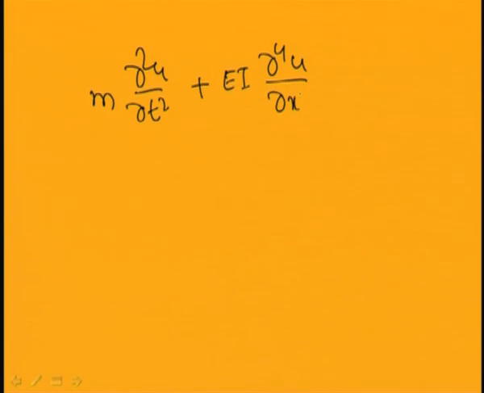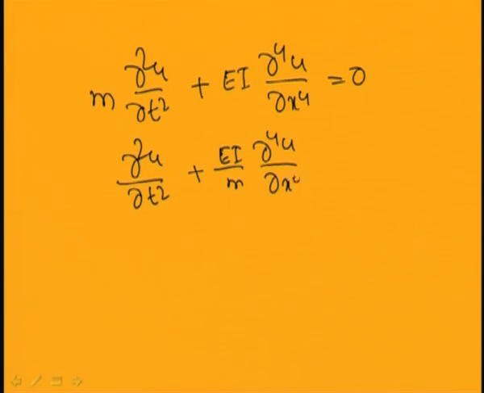So, I can write m del square u by del t square plus EI del fourth u by del x fourth equal to 0. This expression can be written in this form also, del square u by del t square plus EI by m del fourth u by del x fourth equal to 0.